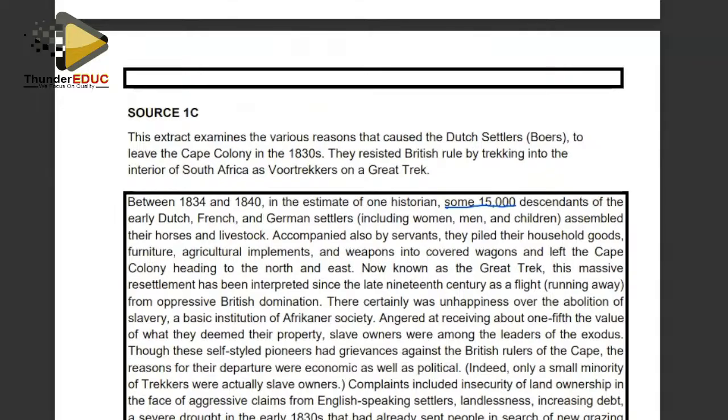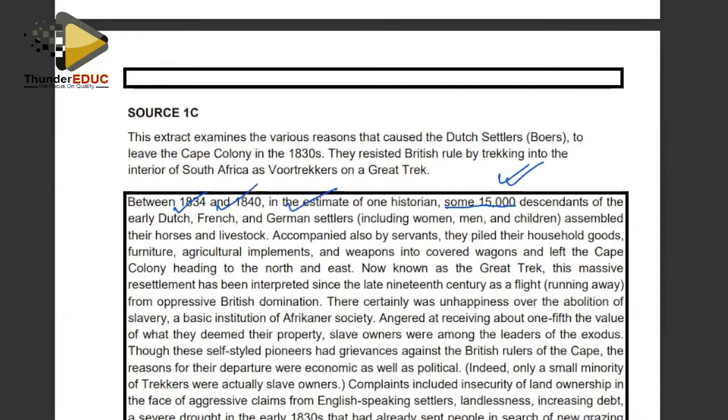If we check here, it says an estimate of one historian, some 15,000 descendants of the early Dutch. This is useful information. It's giving us an estimate of the number of people who were involved in the Great Trek. And it is also giving us the groups of people who were involved. The early Dutch, the French, the German.